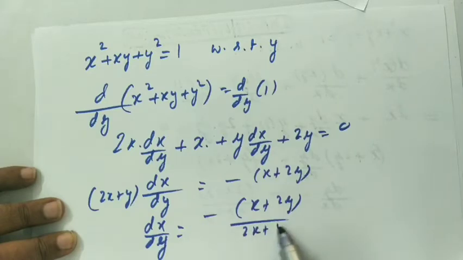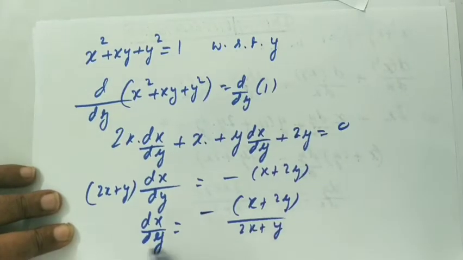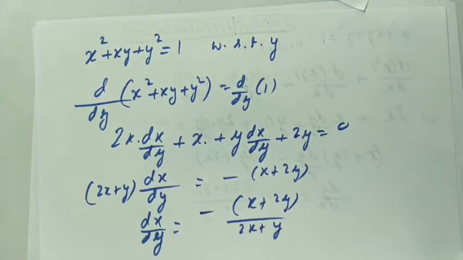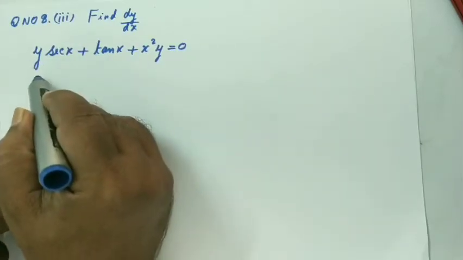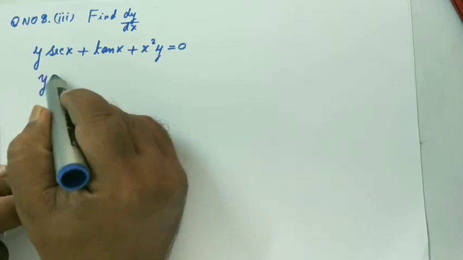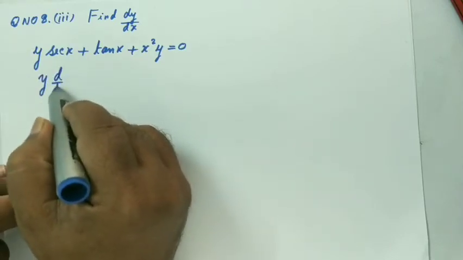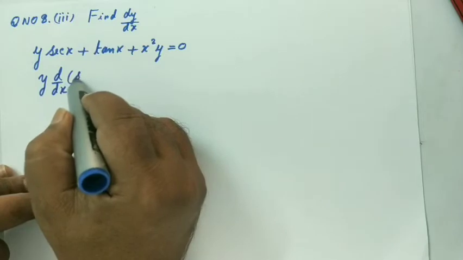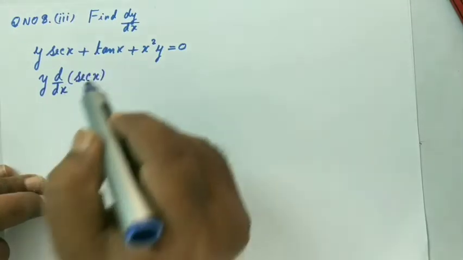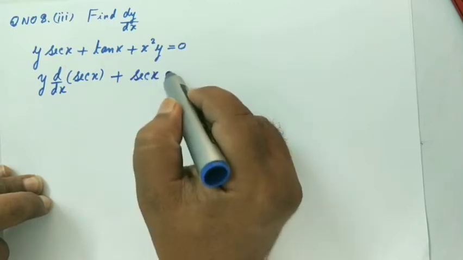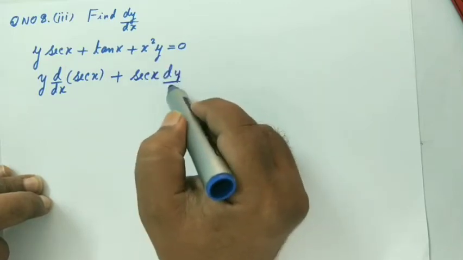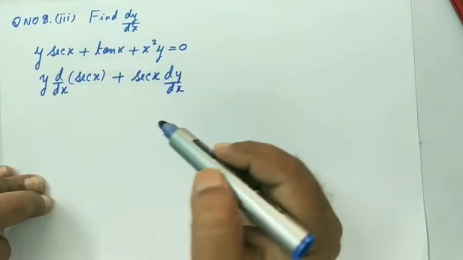Now if you compare the previous differentiation and this one, it is just the reciprocal. I'm going to use the product rule here. Differentiation of y is 1.